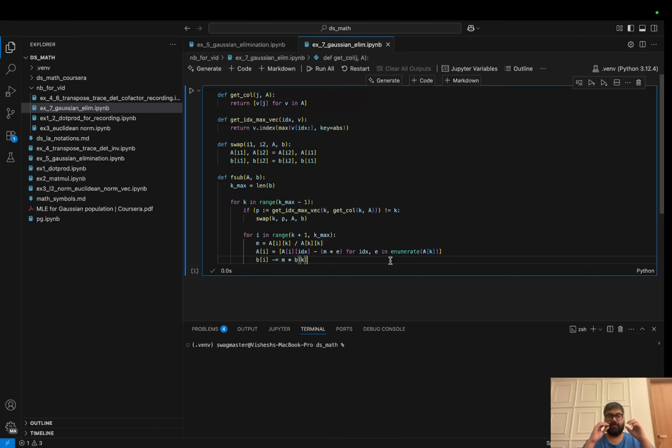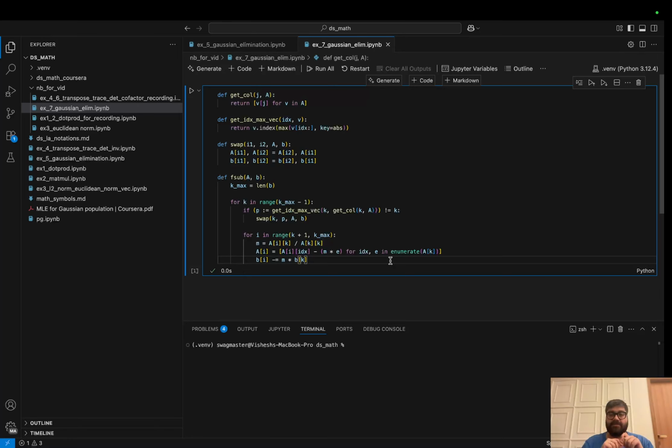So everything we did at A_i, we need to do at b_i. And what did we really do in A_i? In A_i, we took the elements in row k, which is the row containing the pivot.